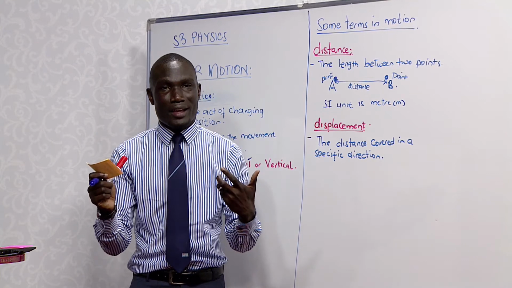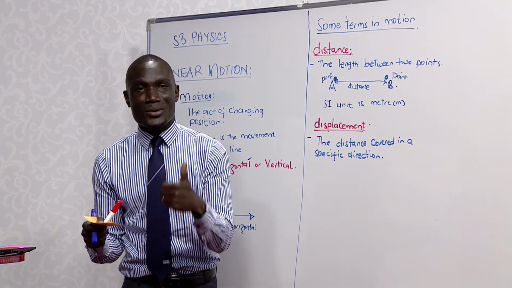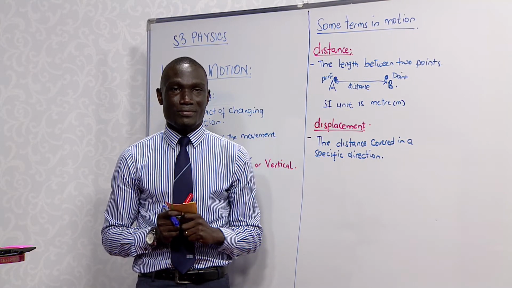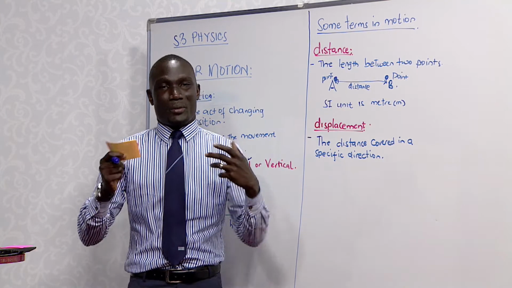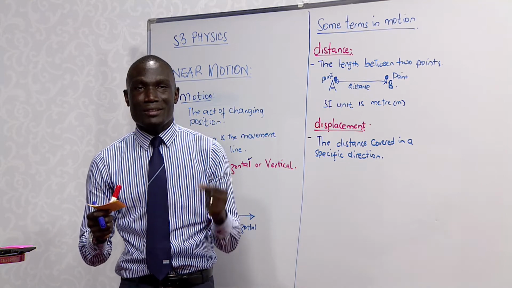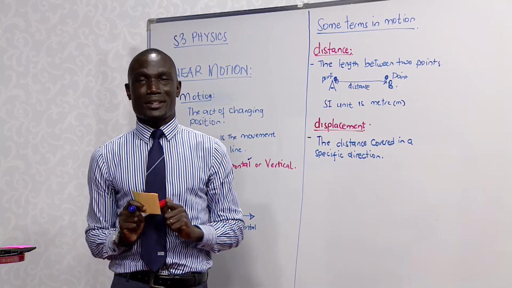So if I say displace yourself 2 steps, I need to clearly tell you the direction in which I want you to displace yourself. So the correct instruction would be displace yourself 2 steps to the right, then you will go to the right.